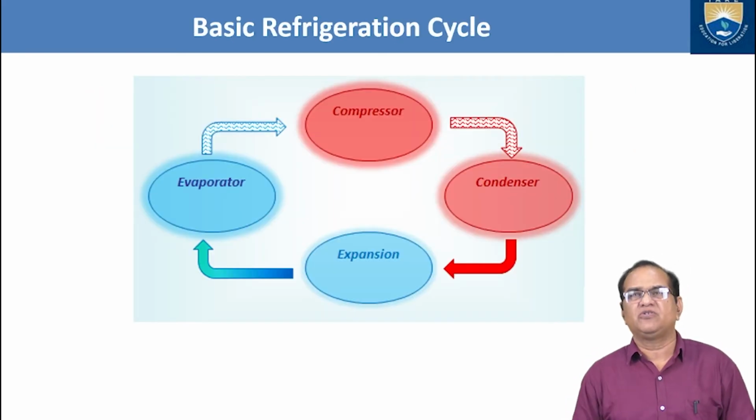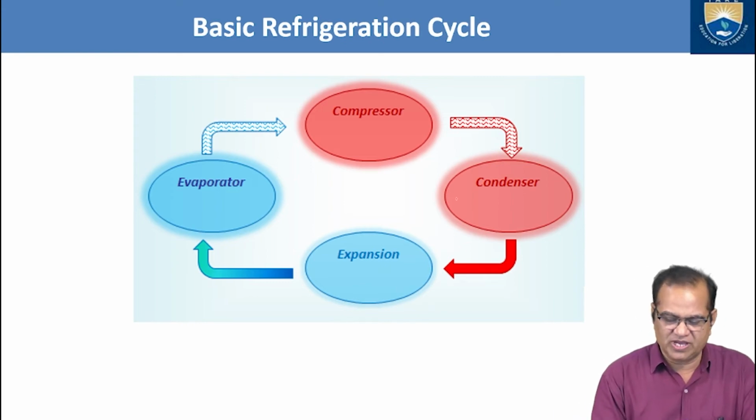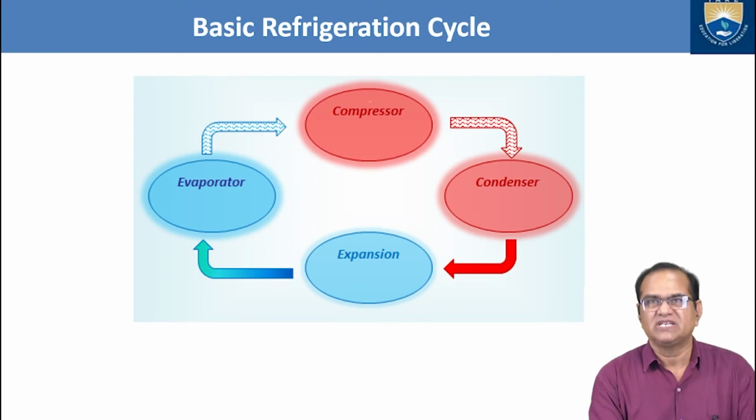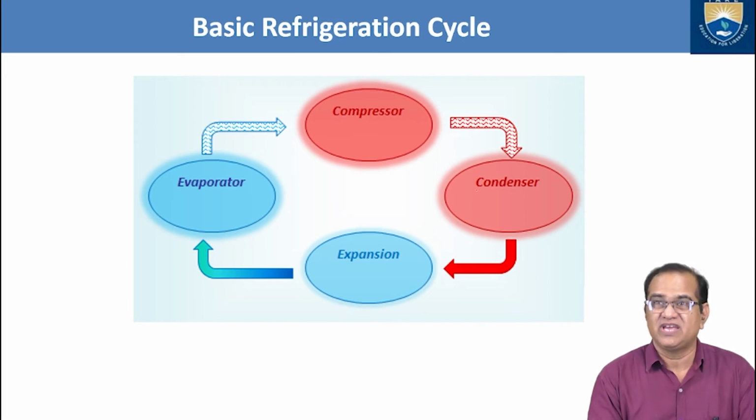So here, if you see the basic refrigeration cycle, we have the compression. First we have to compress it, then it will go to the condenser. There you can see it is compressed, and then here it is condensed. This condensed refrigerant will go to the expansion.